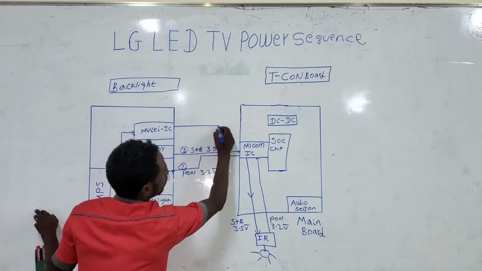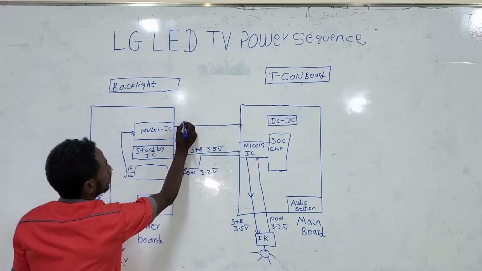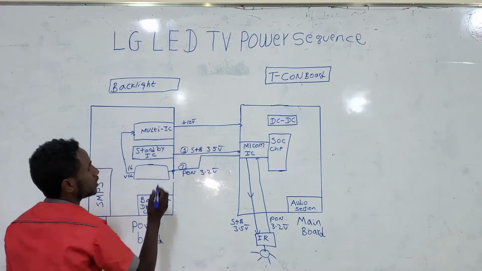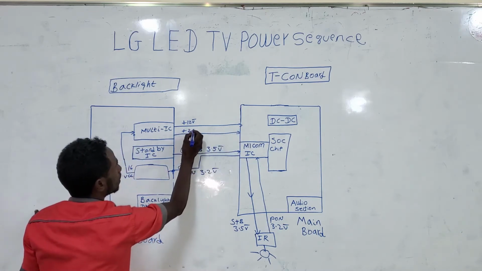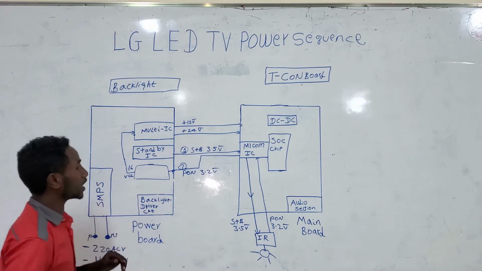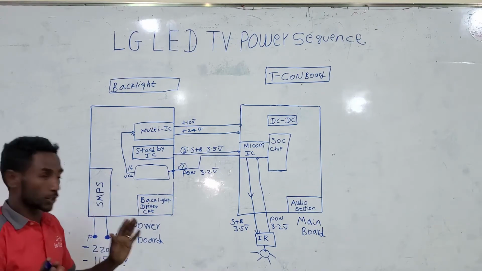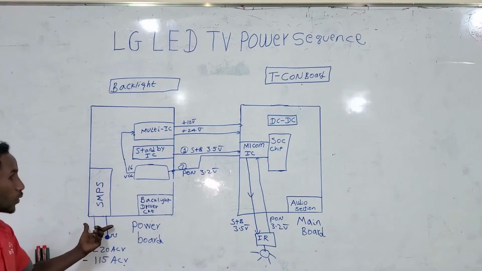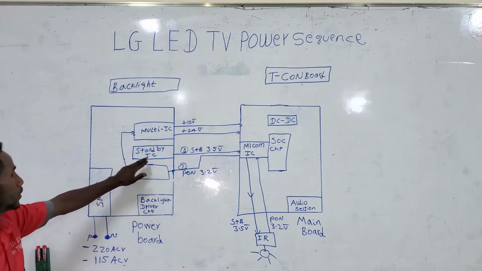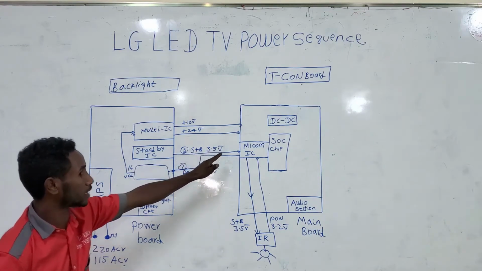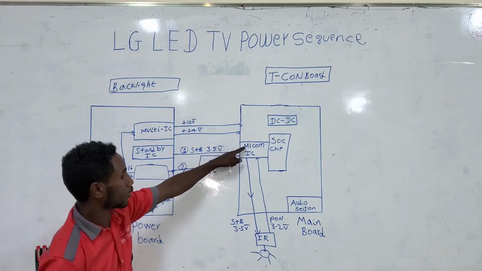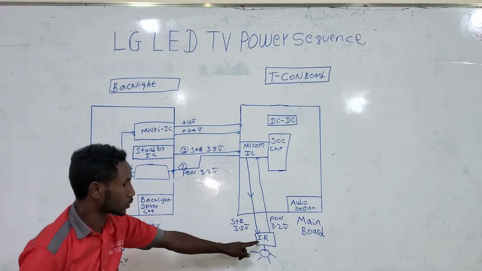One is plus 12 volts DC. The second is plus 24 volts DC, right? So let me explain shortly. When we apply this AC voltage, our first starting point is that the standby IC will turn on, then the standby voltage of 3.5 volts goes directly to the MICOM IC, then the MICOM IC sends the standby voltage to the IR.